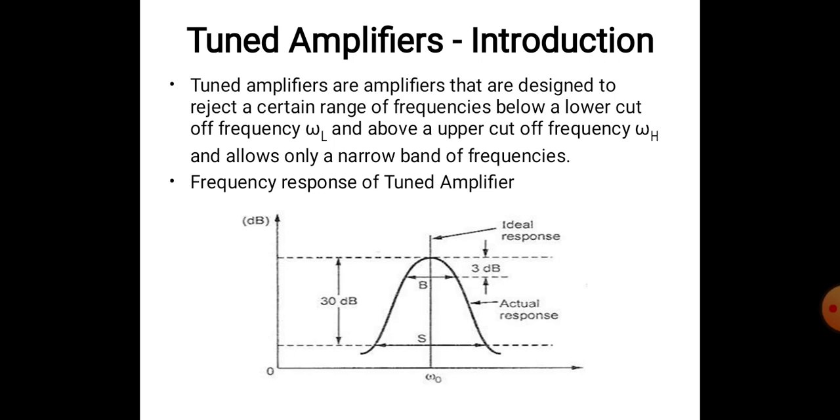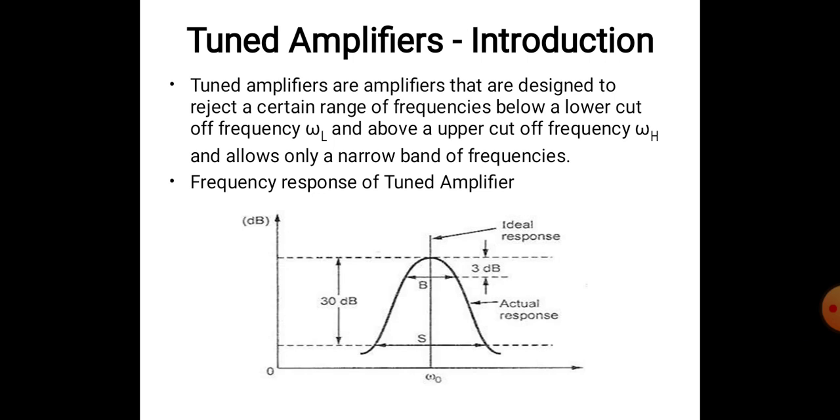As the frequency response curve indicates, the ideal response of a tuned amplifier is at the center frequency, denoted either as F0 or omega naught. The 3 dB bandwidth is nothing but the difference between the higher cutoff and lower cutoff, and that S denotes the selective range of frequency between the lower and higher cutoff.